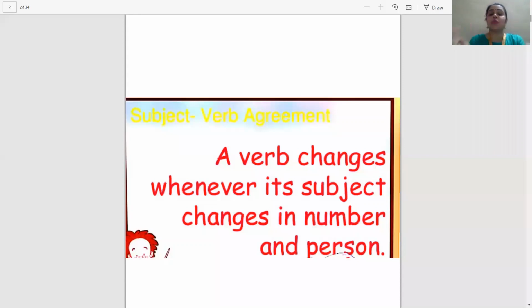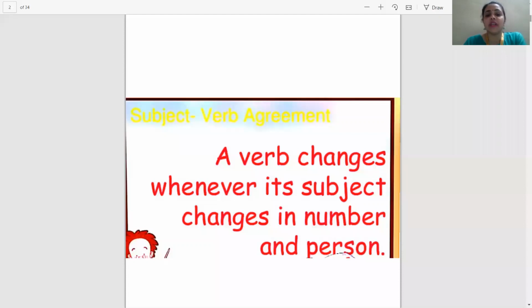So there should be an agreement, a bond, so that the sentence we create becomes grammatically correct. If the subject is plural, we cannot use something else; if the subject is singular, we cannot use something else. So the combination, the concord or the agreement, whatever you say, should be proper to frame a grammatically correct sentence.